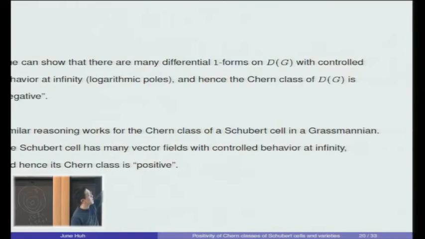So this negativity, the presence of differential one forms, was responsible for the fact that these chromatic polynomials are sign alternating, plus, minus, etc. The presence of many vector fields is responsible for the positivity of the numbers that you have seen in the first slide.